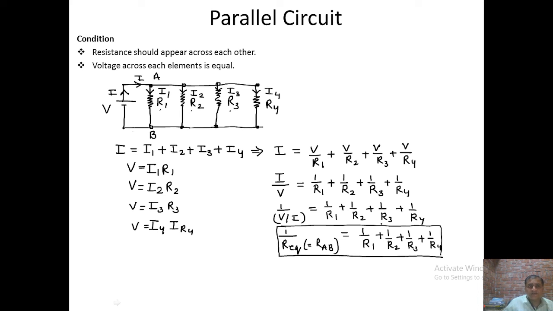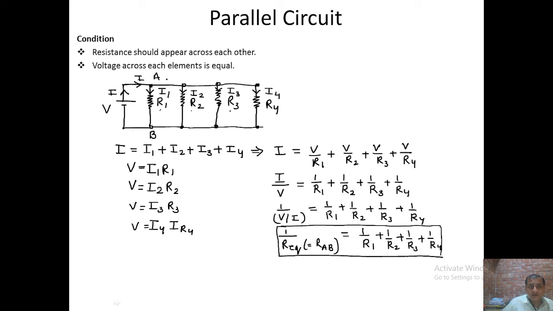The condition is that the resistances should appear across each other. Meaning one point of a resistance is connected to a junction A, the same point is connected to the other resistance, and the other point of the resistance is connected to the same point.